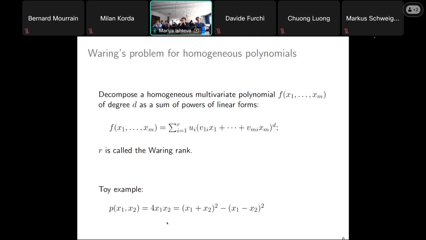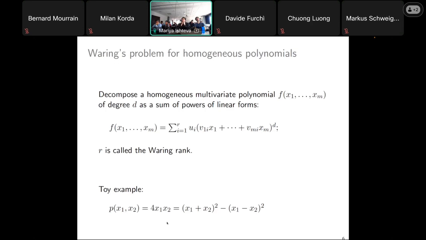So there is also a scaling factor here, which will make everything real, because otherwise we'll have to deal with negative powers and maybe we'll need to go to complex numbers. So this is the general formulation, and it's related to the symmetric tensor decomposition that we have heard a few times this week already.